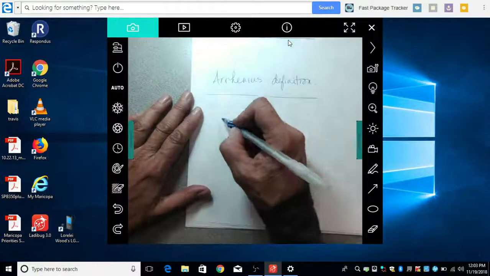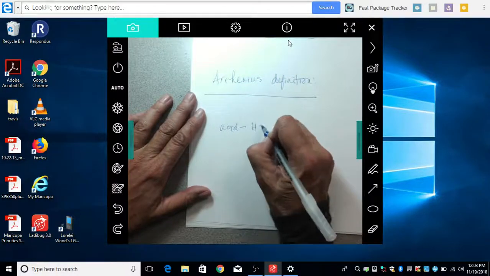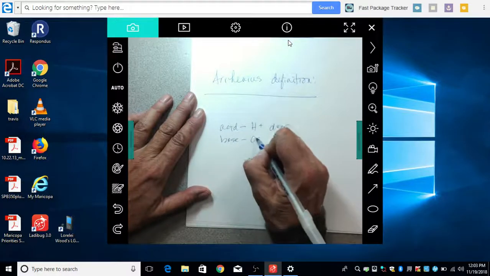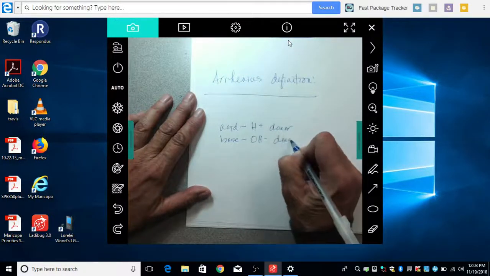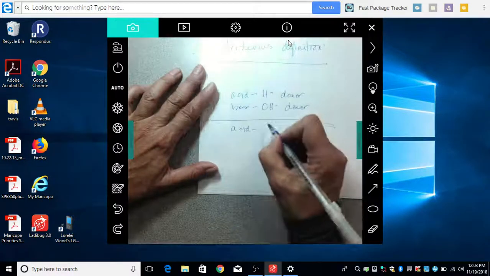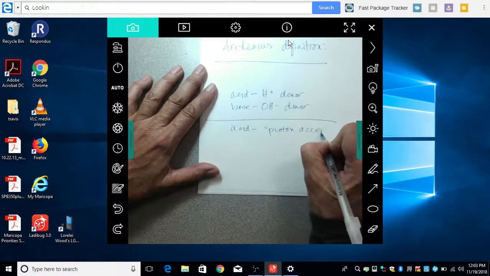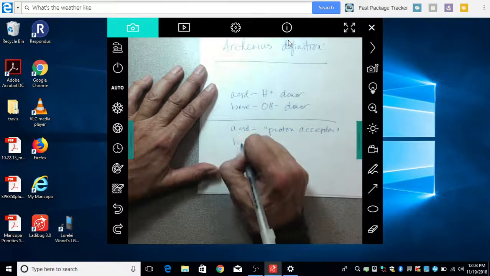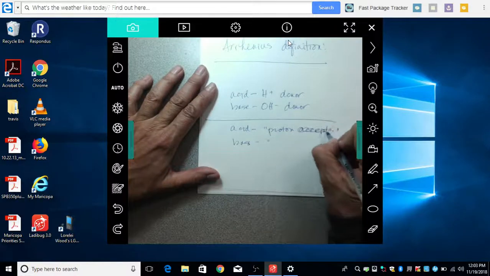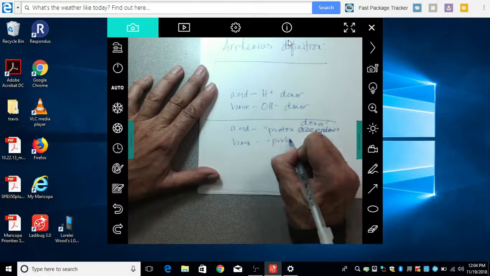One of them has to do with an acid being a hydrogen ion donor, and the base being a hydroxide ion donor. The second definition has to do with an acid being a proton donor and a base being a proton acceptor.